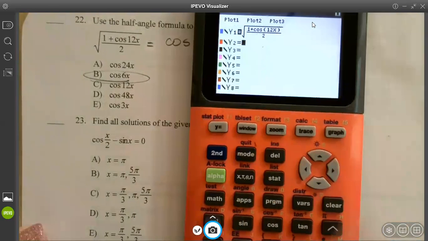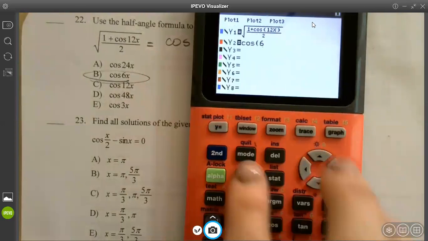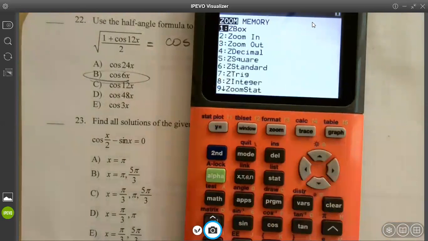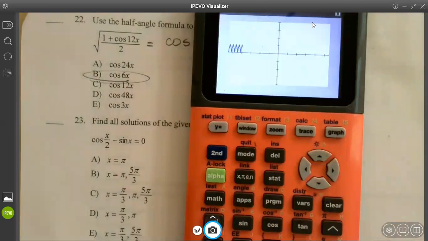And then put your answers in. So I'm going to go ahead and do cosine 6x. I'm going to zoom trig. If they're the same, what should happen? They should overlap each other.